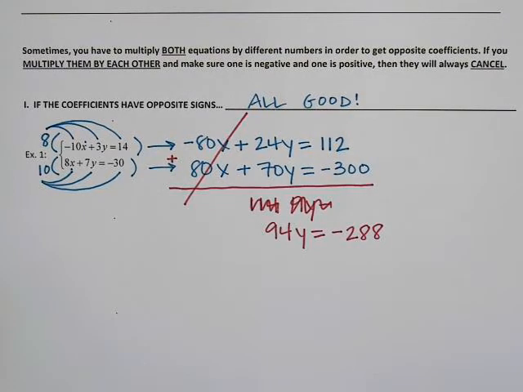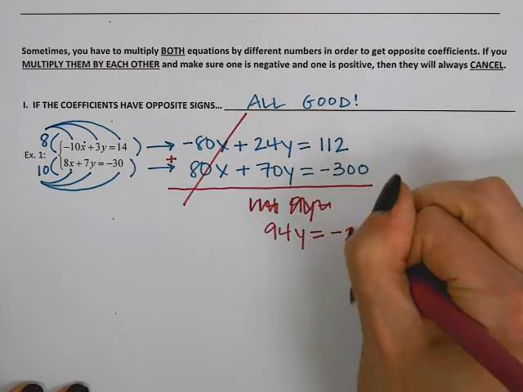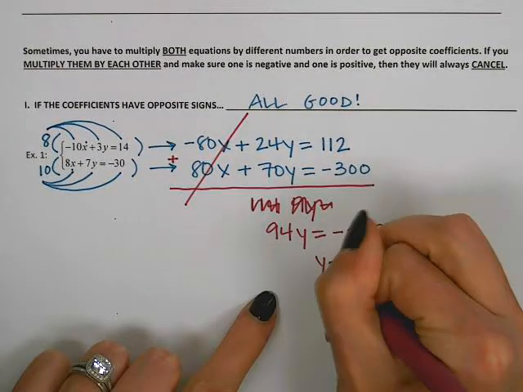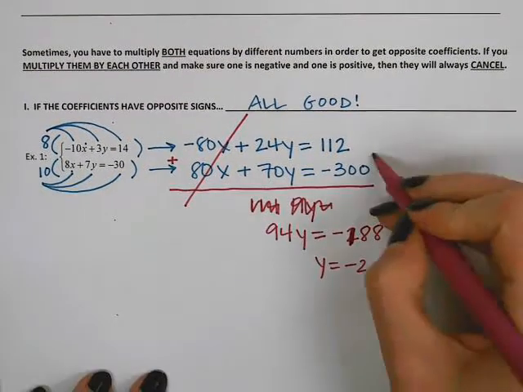And then if you divide both sides by 94, negative 288 divided by 94 is not nice. So this should be 188, negative 188 divided by 94. Okay, so y is negative 2. I subtracted wrong.